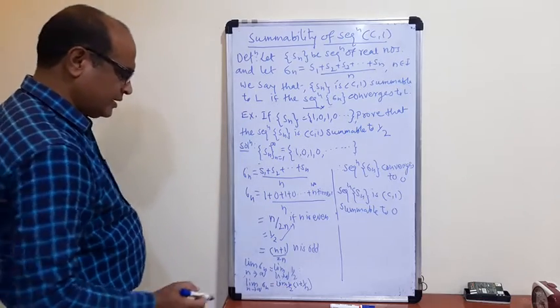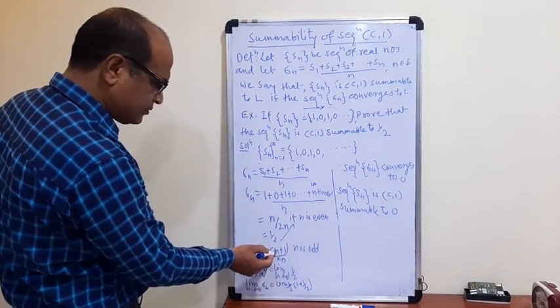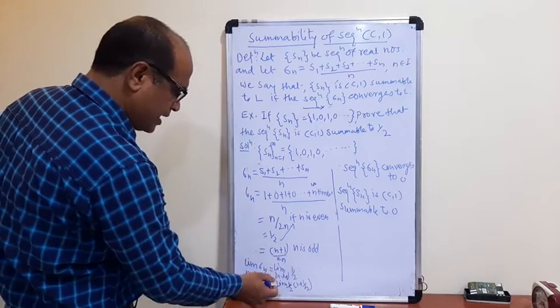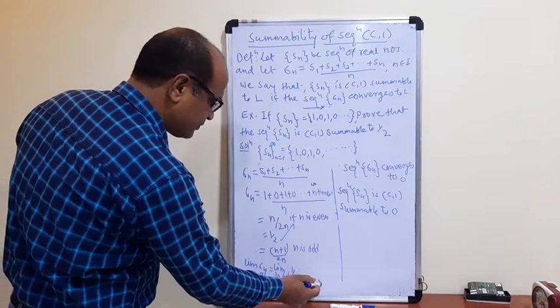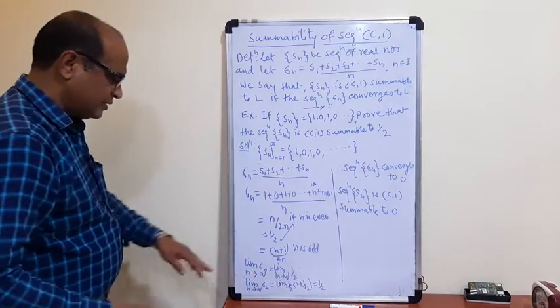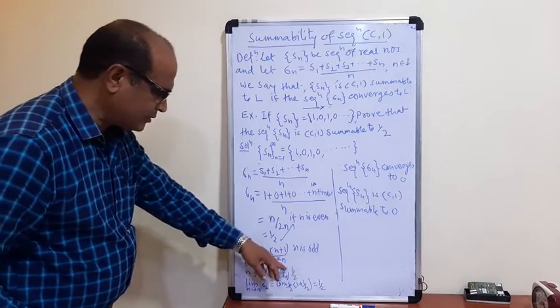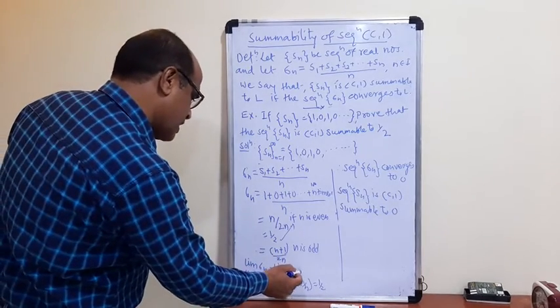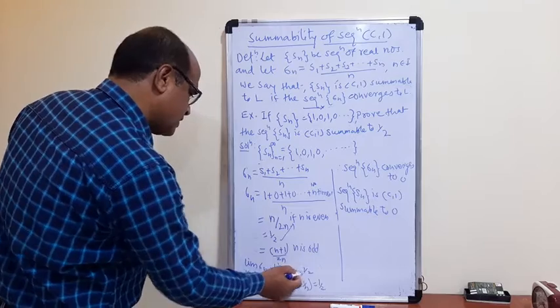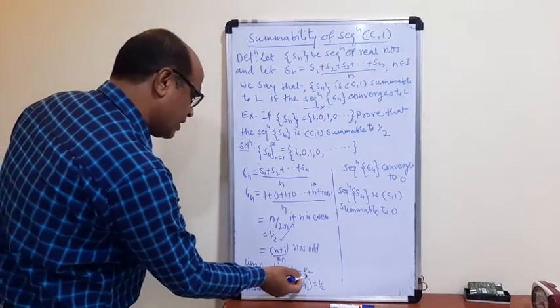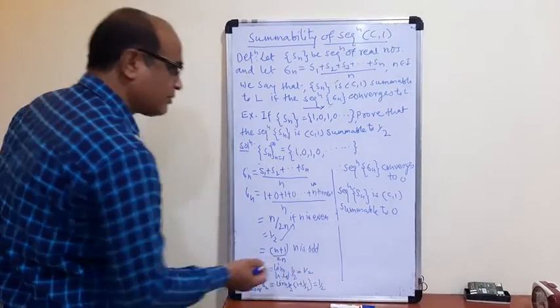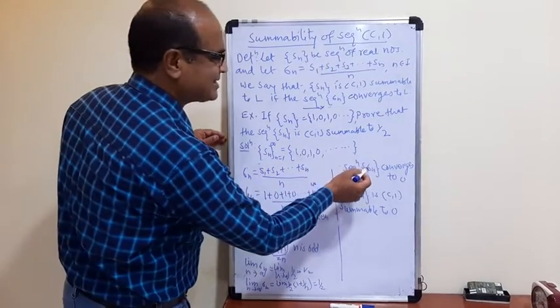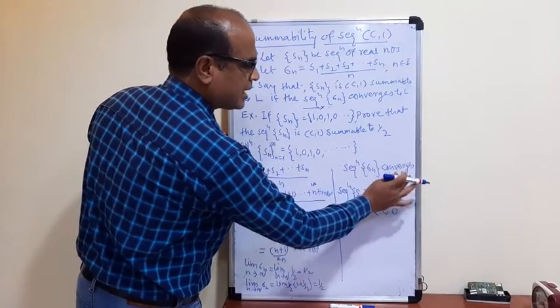So in both cases the limit is 1 half. Therefore the sequence sigma n converges to 1 half.